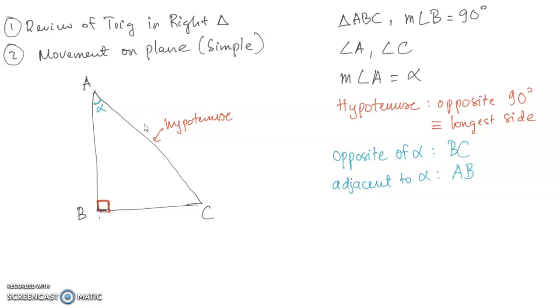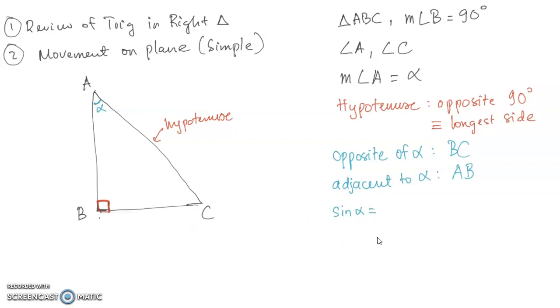And then when you talk about opposite, you have to think about opposite of what angle. Opposite of alpha here is BC, and adjacent to alpha is AB. Then we can find sine, cosine and tangent. Here we have sine of alpha. We have to identify the sine of what angle.